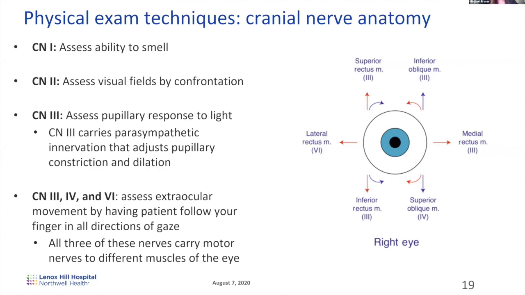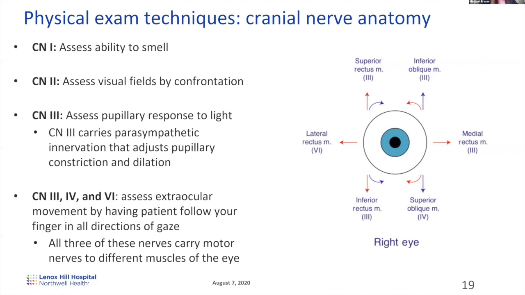So if you do this exam and only the pupil that you're shining the light on constricts and the other one doesn't, there may be damage to the nerve on the side where it didn't constrict. So you have to test both eyes to make sure that not only is it constricting to direct light stimulation, but that it also constricts when you're shining light in the other eye.